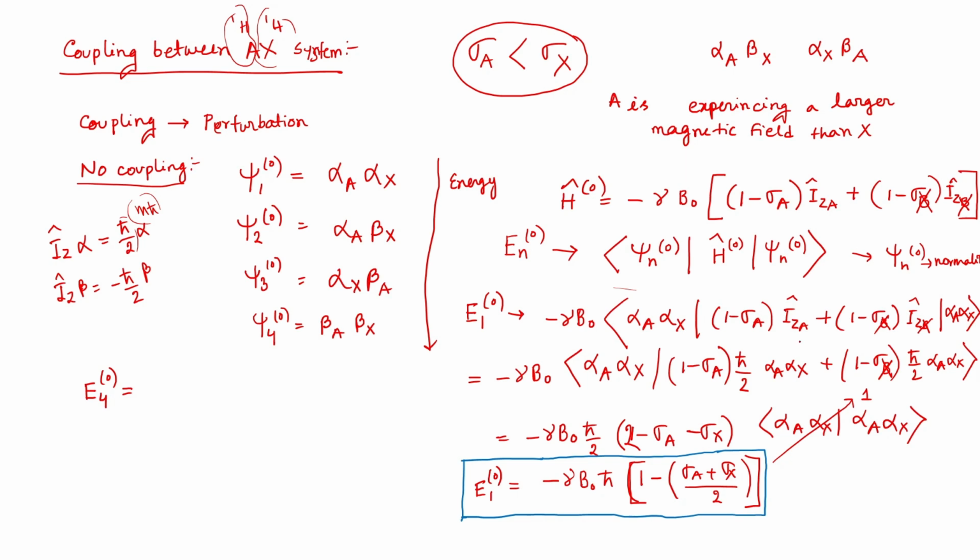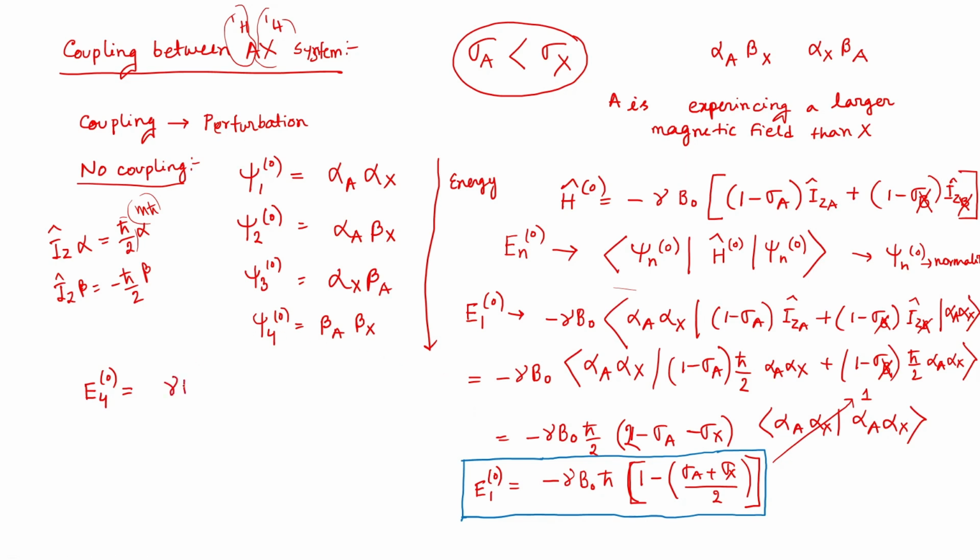Instead of I_zA operating on α, it is going to operate on β_A, and I_zX is going to operate on β_X, and it is going to give you, one time minus ħ/2, and another time also minus ħ/2. So the main difference is here you are going to get a positive ħ/2, and there, for β, you are going to get a minus ħ/2. So you are going to get the same thing, but there will be a change in the sign only.